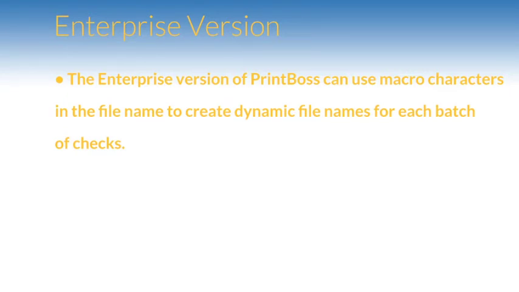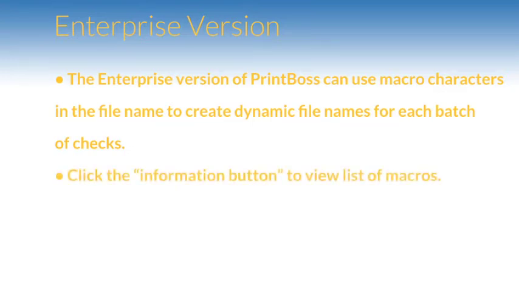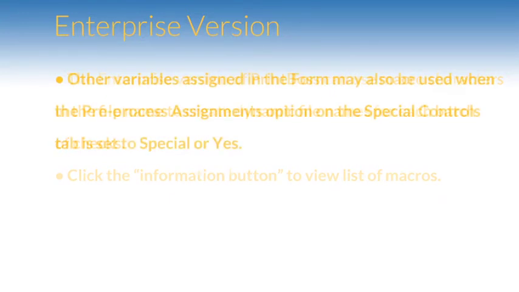The Enterprise version of PrintBoss can use macro characters in the file name to create dynamic file names for each batch of checks. Click the Information button to view a list of macros. Other variables assigned in the form may also be used when the Pre-Process Assignments option on the Special Controls tab is set to Special or Yes.